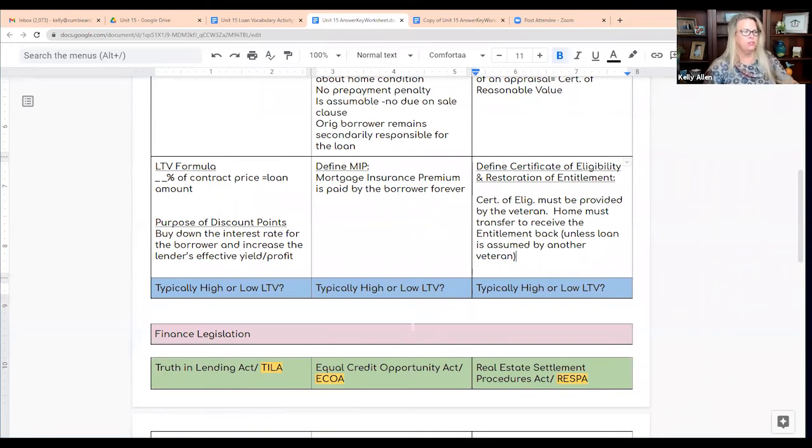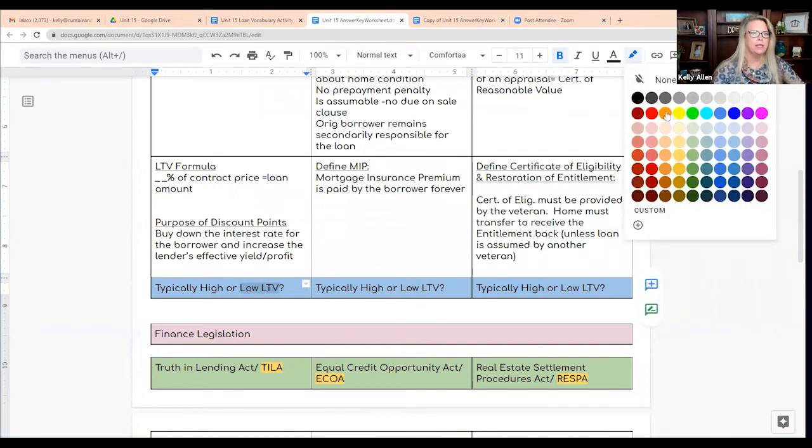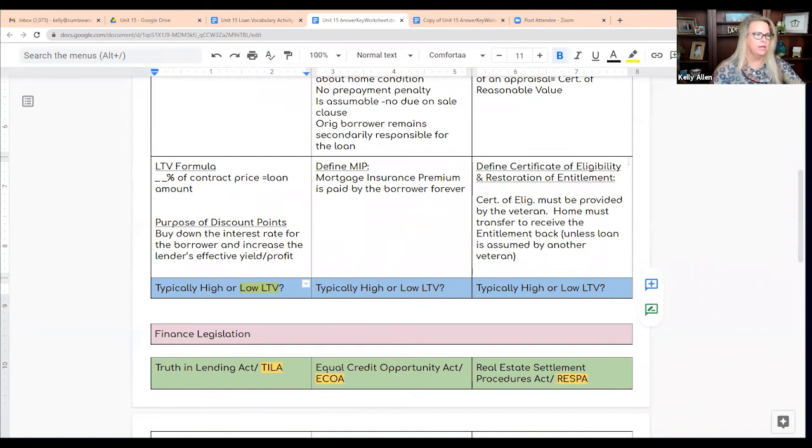Okay, let's go here. So conventional financing, do we have a typically high or low LTV? The answer to that is a low LTV. That's what the bank likes. Let's go ahead and highlight the answer. And how about this one? When it comes to FHA, is the loan a low or a high LTV?